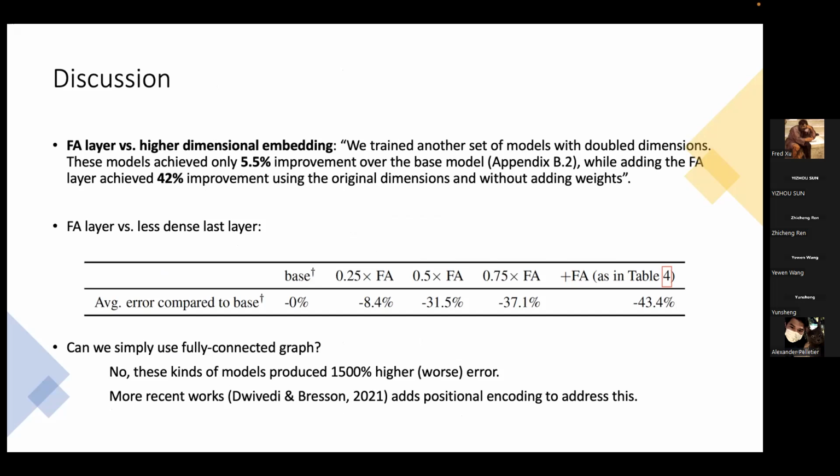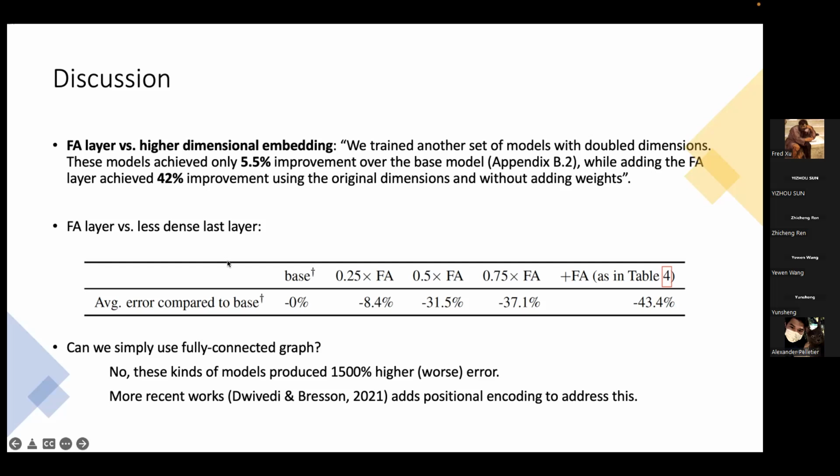They did this experiment to compare the performance improvement of simply increasing the node embedding dimension versus changing the graph structure. And they found that changing the graph structure gives a much greater improvement than simply doubling the node dimension.